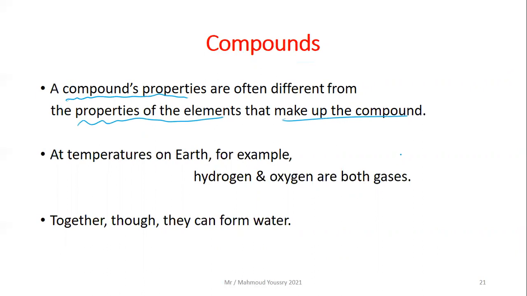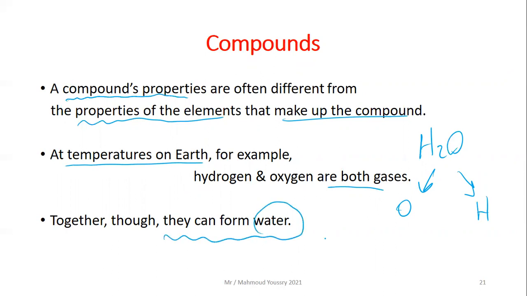What does this mean? Do you remember water, H2O, which consists of oxygen and hydrogen? Both of them are gases at normal temperature on Earth, but they can form water, which is a liquid.